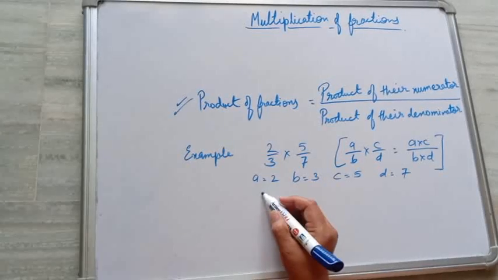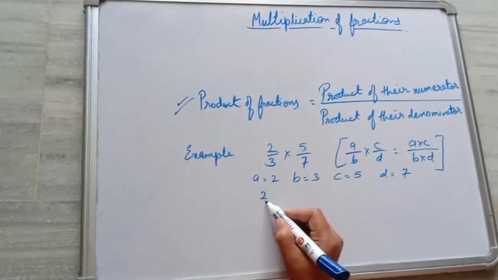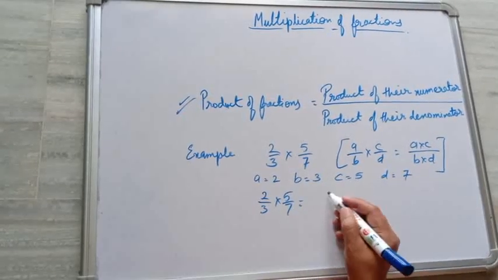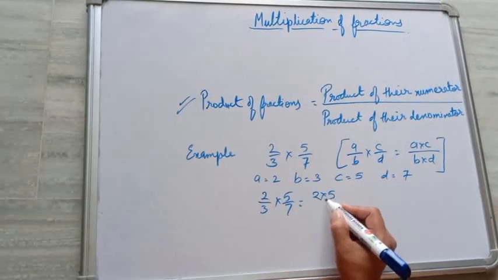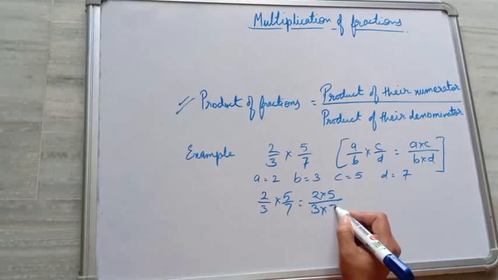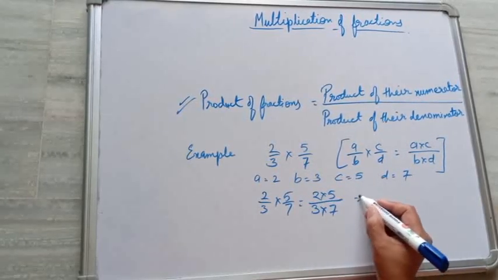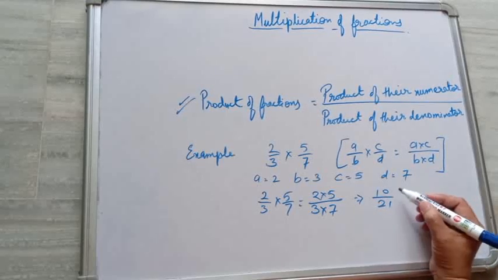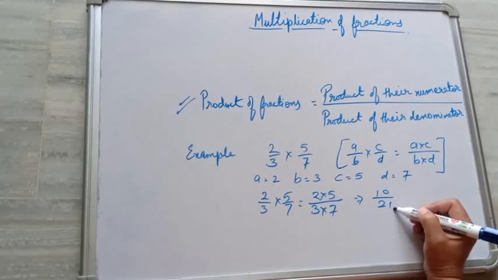So 2 upon 3 multiplied by 5 upon 7 is equal to 2 into 5 upon 3 into 7. That is, 2 5s are 10 and 3 7s are 21. So 10 upon 21 is the answer.